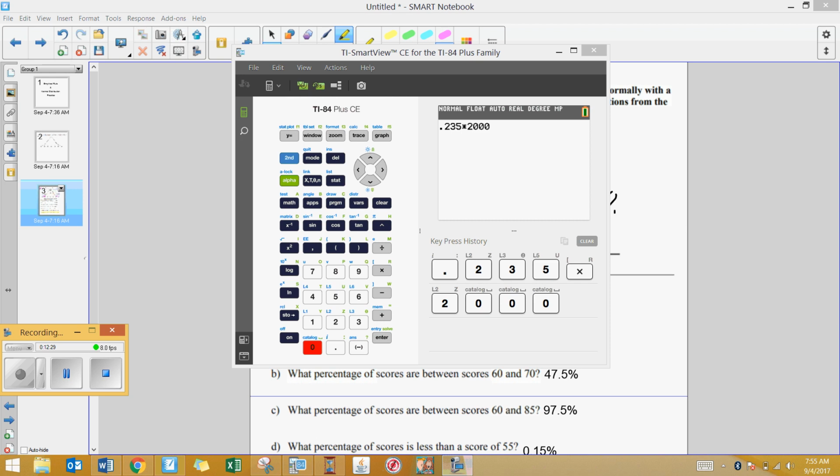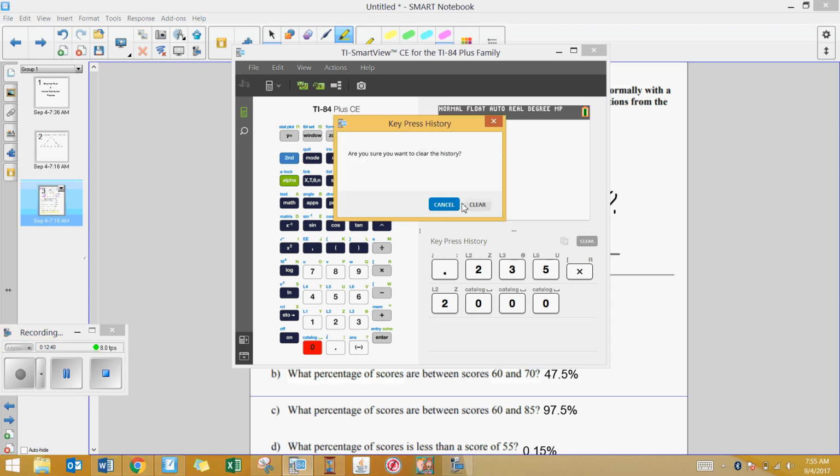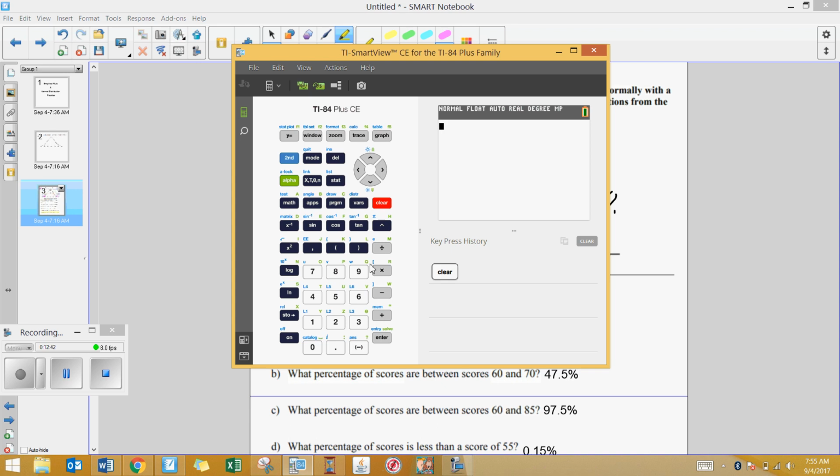To find 2.35% of our total 2,000, I'm going to multiply 0.0235, because if I move that decimal place over, that represents 2.35%. So 0.0235 times my total of 2,000.